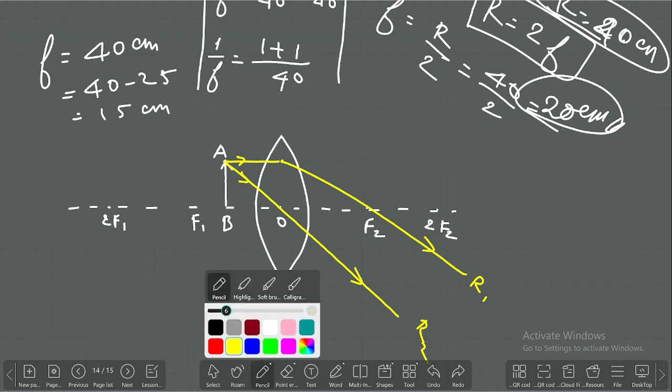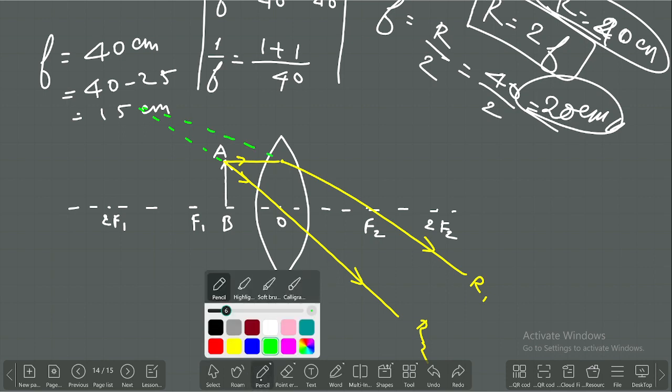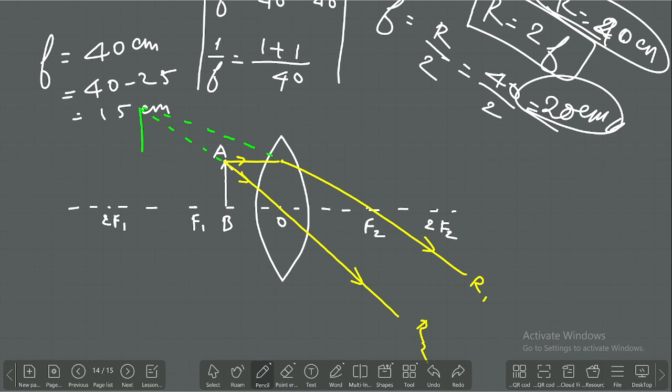So what we do over here is consider them as imaginary and make them meet at one specific point. The point where they appear to meet is where we get the image, and we call this A dash and this B dash. Since the refracted rays only appear to meet, what type of image is it? The image is called a virtual image.